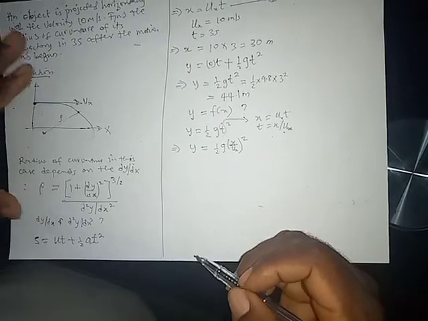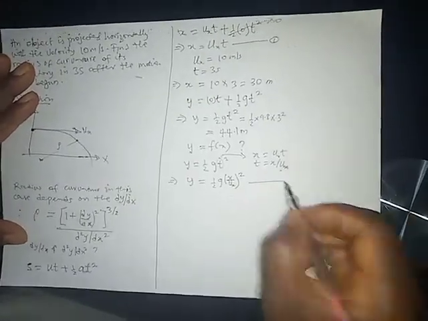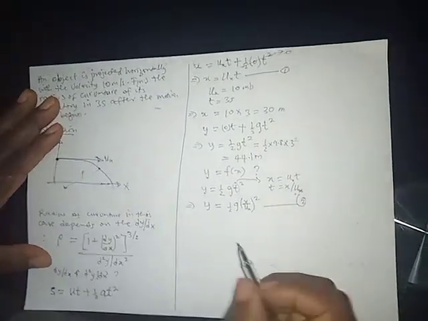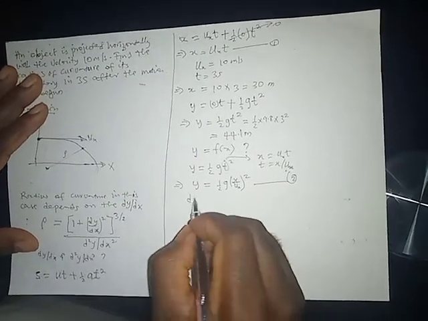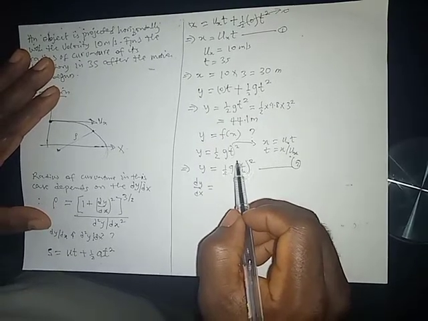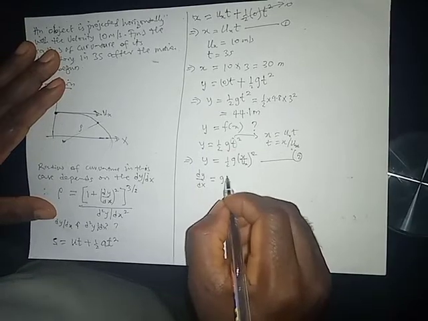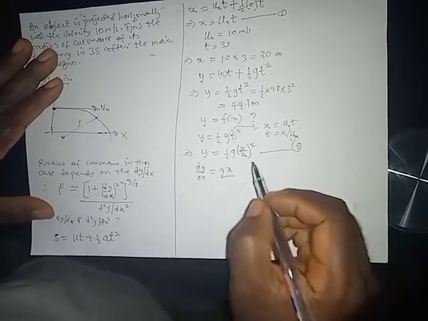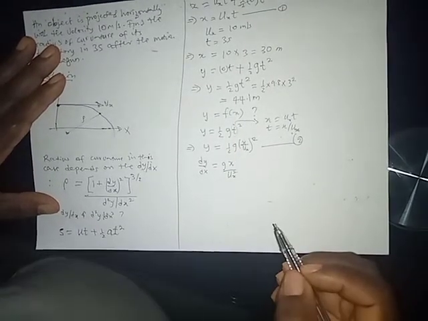So having done that, we can now differentiate. Let's call this equation 2. So we can now differentiate from here. If we do that, we have dy/dx is equal to, the 2 will come down here, you cancel this out, we have g x to the power 2 minus 1, that's 1, then divided by ux squared.